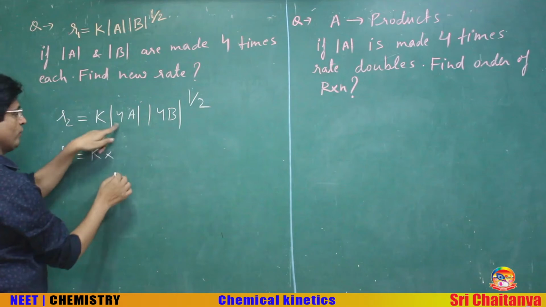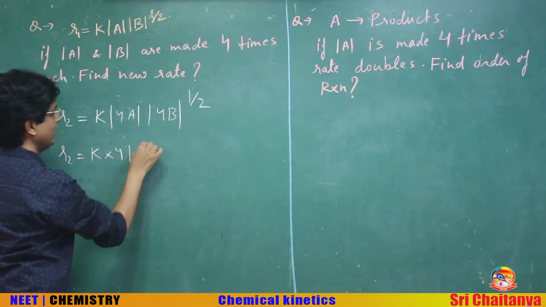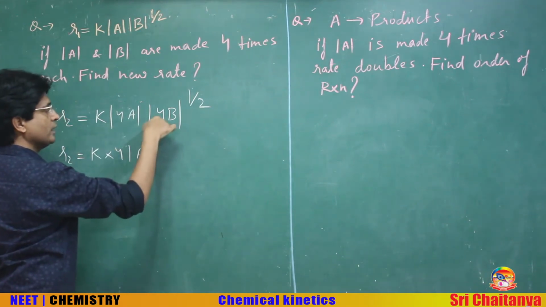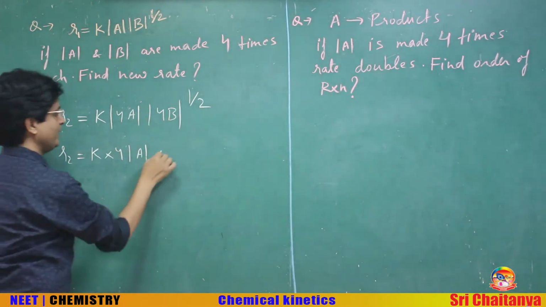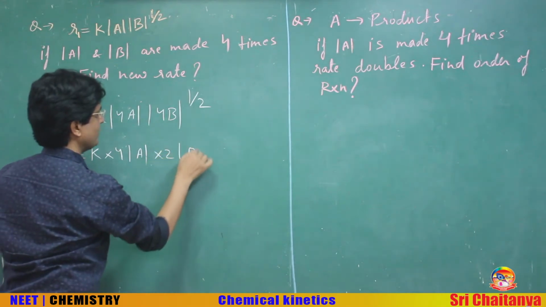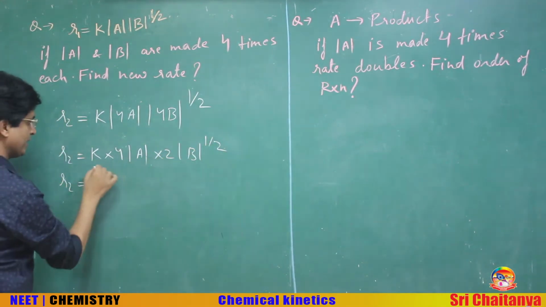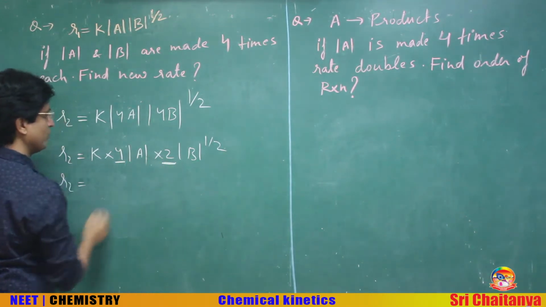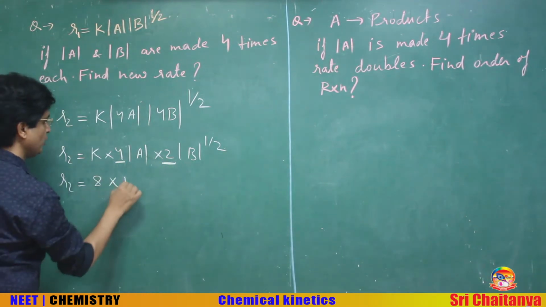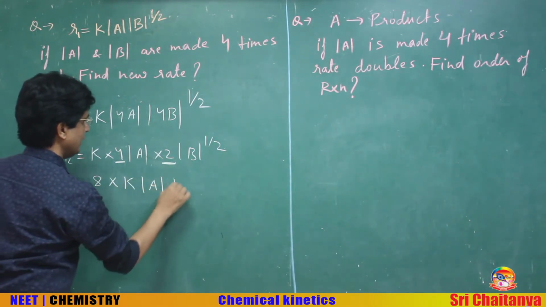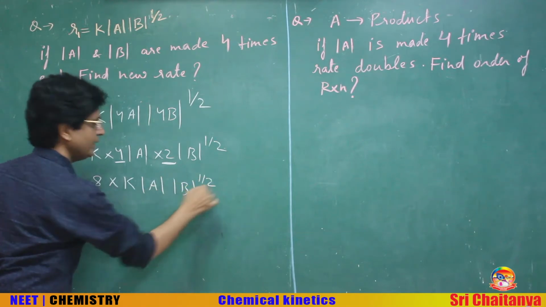Take out 4 from here. This will be 4 into A, and take out square root of 4 from here. That will be 2, and that will be B to the power of 1 by 2. This can be written as 4 into 2. That will be 8. 8 into K A B to the power of 1 by 2.